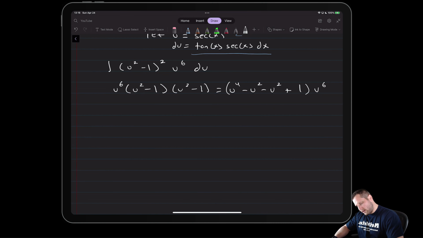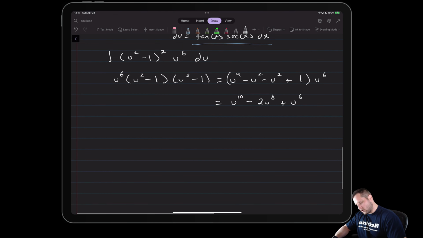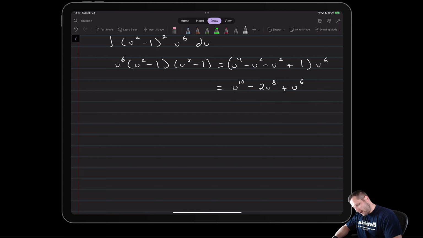So then we are left with u to the 10th minus 2u to the 8th plus u to the 6th, and this will be our new integrand. So then we have the integral of u to the 10th minus 2u to the 8th plus u to the 6th du.